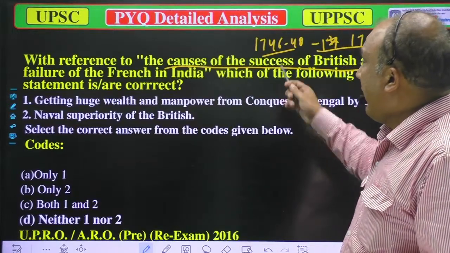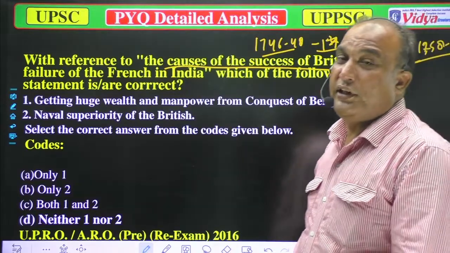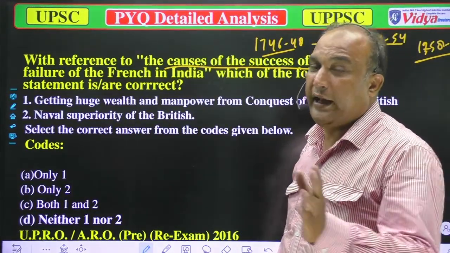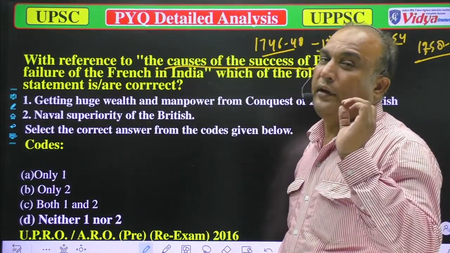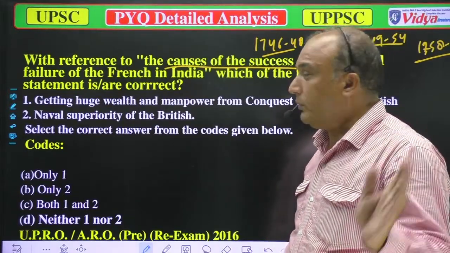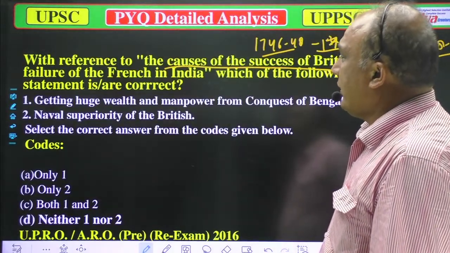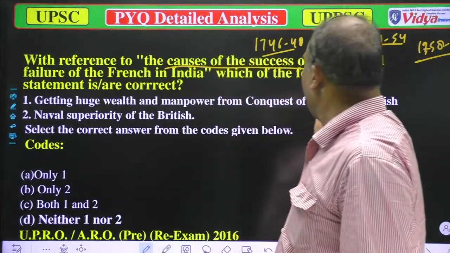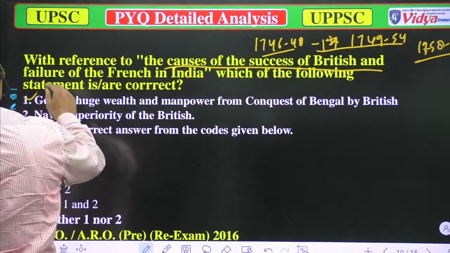At the end of the war, the Britishers succeeded and the French lost the war. They were defeated. They lost some areas. So how many points are right? Correct: getting huge wealth and manpower from the conquest of Bengal by the British. That was the first point and a very important point.